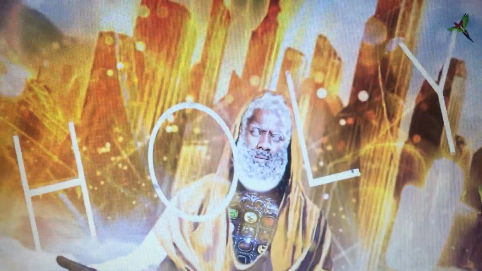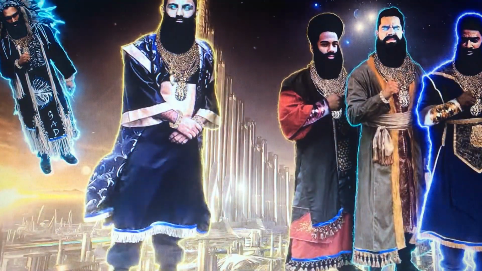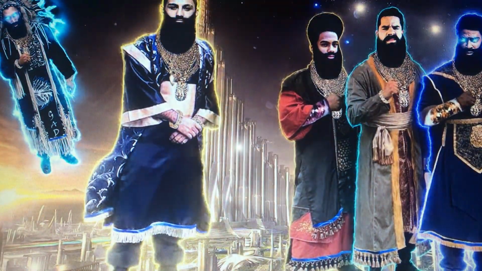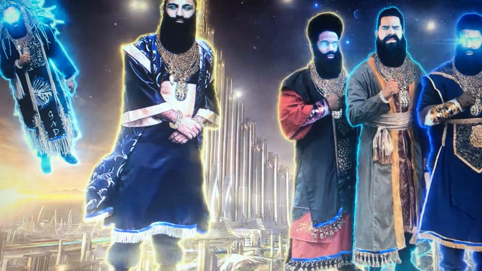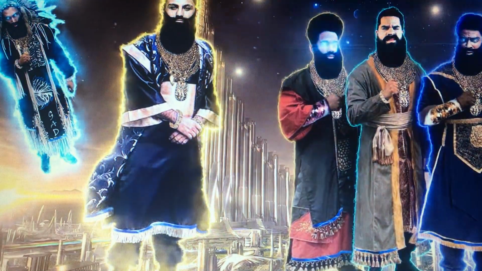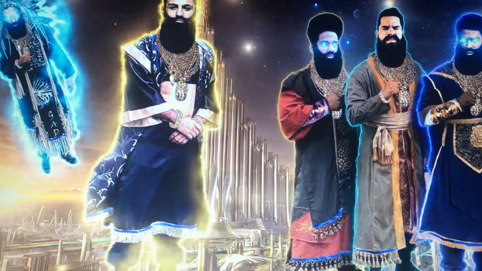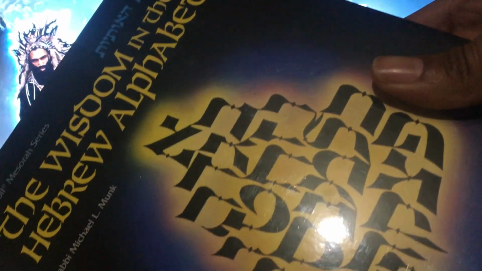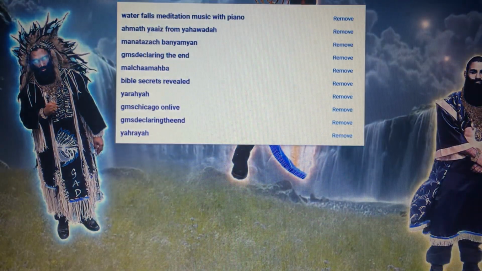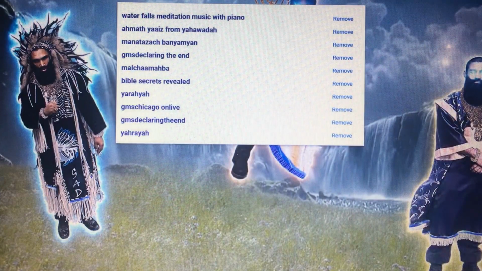From the very earliest days, many thousands of years ago, how many we do not know, the most primitive ancestor of Hebrew probably consisted of no more than a small number of words. And that's 22 characters. And I also got this book right here, The Wisdom in the Hebrew Alphabet. It's 22 characters in the Hebrew alphabet. We're going to prove that right now.